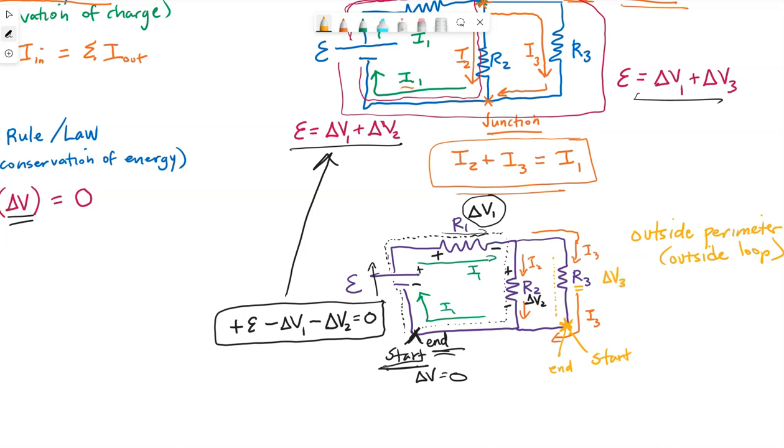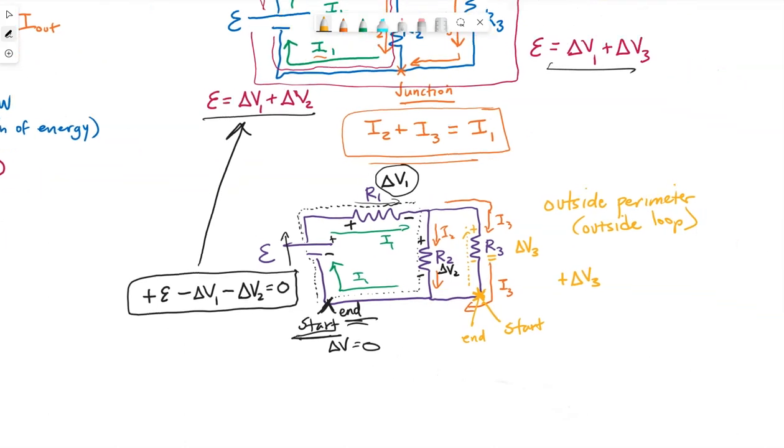It's going to have a potential difference of delta V3. But unlike our first loop, this time I'm going opposite the current. My path is opposite. Current flows high to low. If my path takes me opposite the current, I'm going to see an increase in potential. So a positive delta V3.